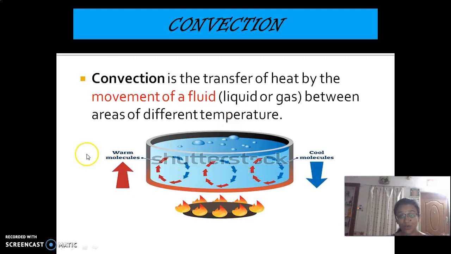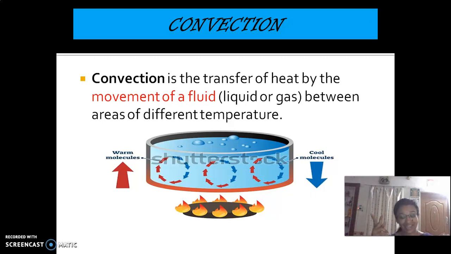I already explained this convection process to you, right? What is this convection? When a beaker of water is heated, the water at the bottom gets heated first. So what happens? The density of that water reduces. If it is hot, its density reduces. If it is cool, its density is higher.